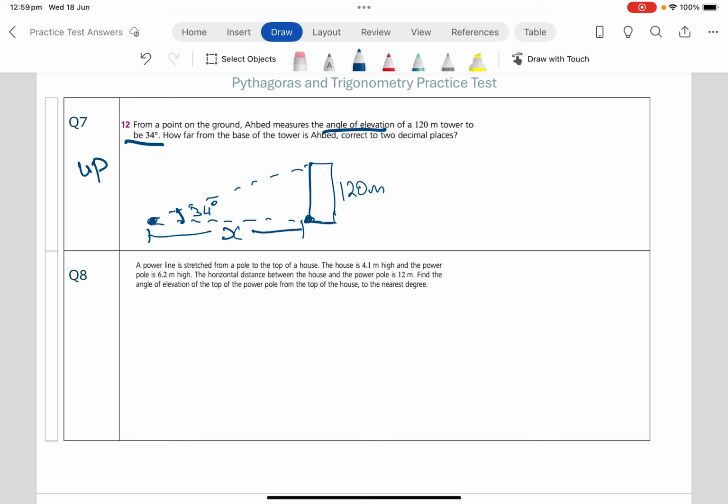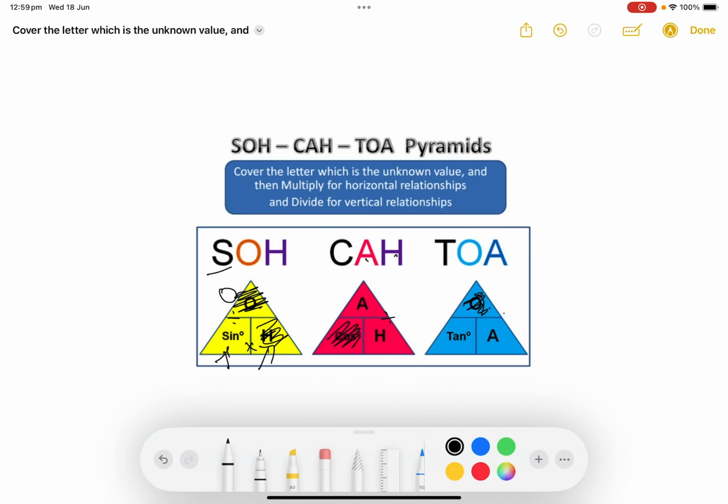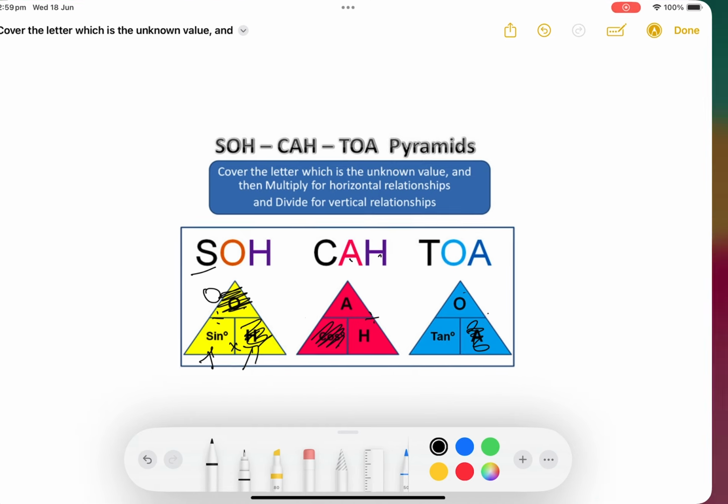If I was to redraw this situation with just a basic triangle, right angle there, my building's 120 meters, x, and 34 degrees in there. Labeling my triangle, since I have an angle, it's trigonometry, so I'm going to go opposite and adjacent. I'm trying to solve for the adjacent side, so when I cover up my tan angle, I get O over tan of theta.